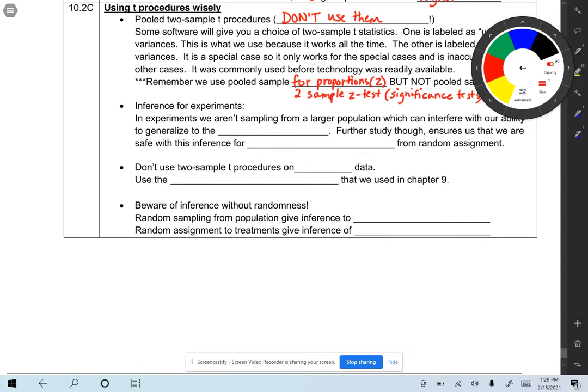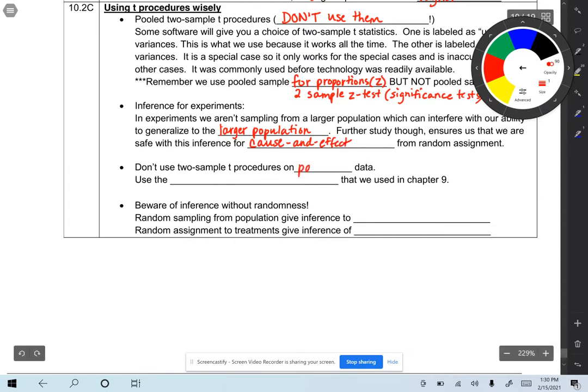For inference for experiments, we aren't sampling from a larger population, which can interfere with our ability to generalize to the larger population. In experiments, we have our volunteers. So we can still infer cause and effect, as long as we do a random assignment with these volunteers.